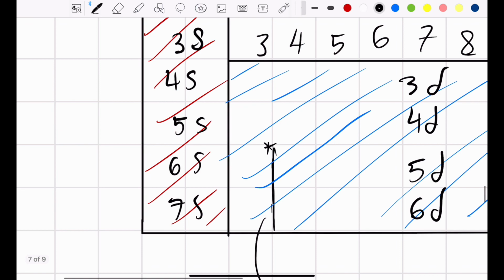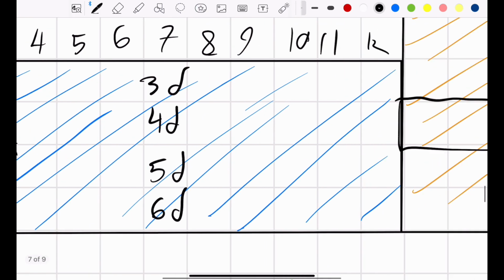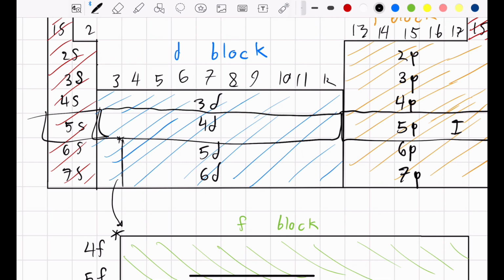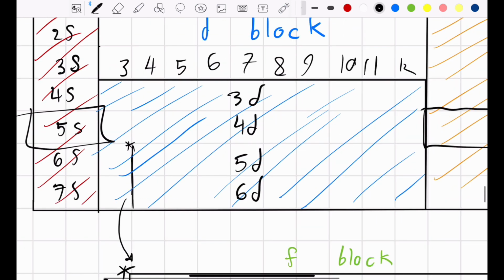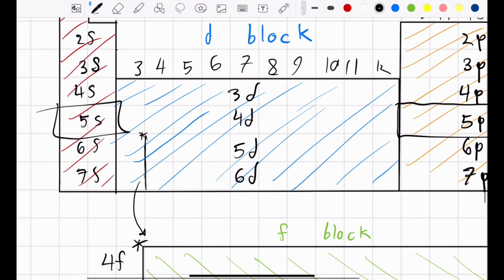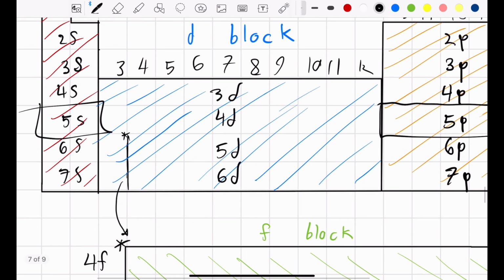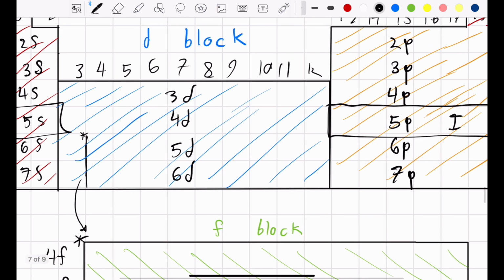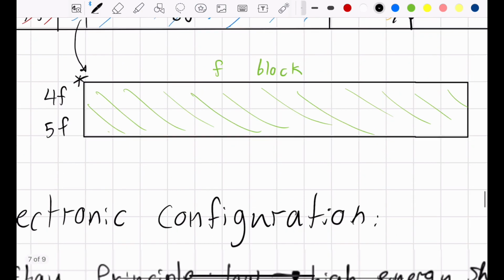We're also going to be looking at the 5s subshell, but not the 4d subshell. And why is that? Well, that's because it has a lower principal quantum number n. And yeah, so do not get that confused. Just because they're in the same row doesn't mean that they're all valence electrons.